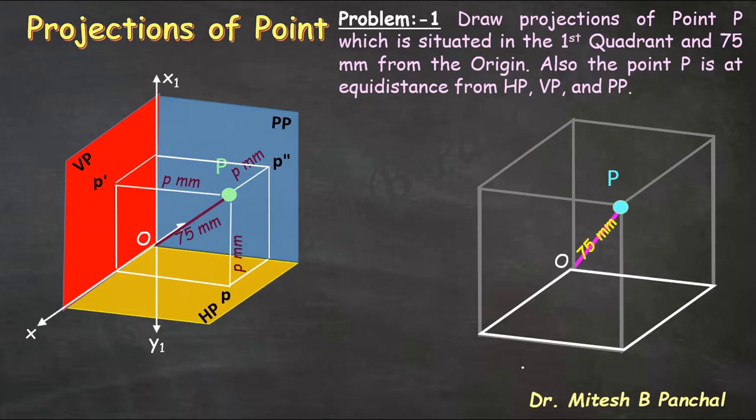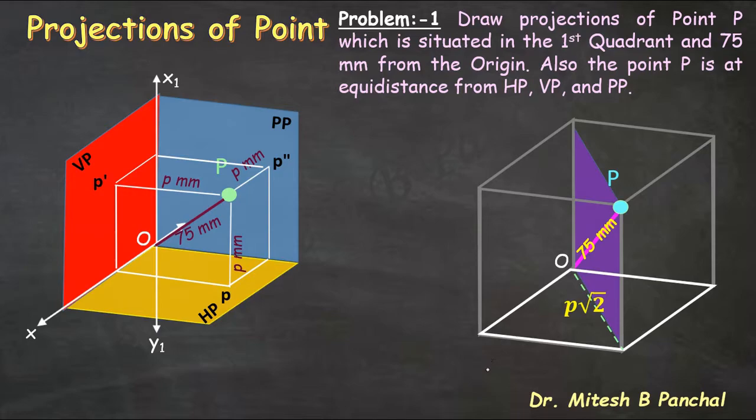Since the size of a bottom face is given as P mm, so the diagonal of bottom face, applying the Pythagoras, we will get, that is P under root 2. Now consider a plane which is passing through body diagonal and the diagonal of the bottom face. So consider this particular plane.